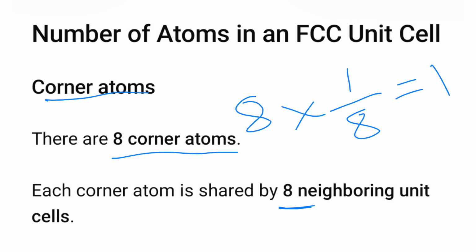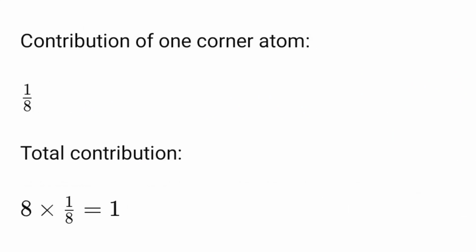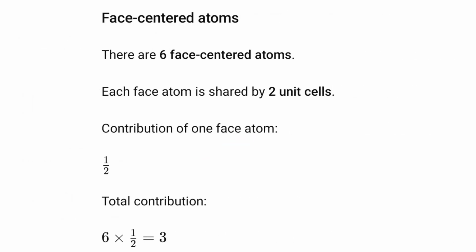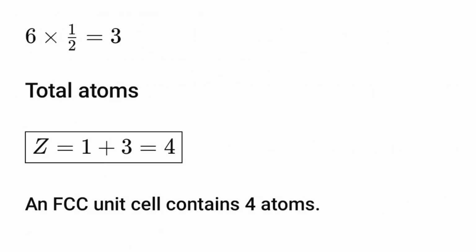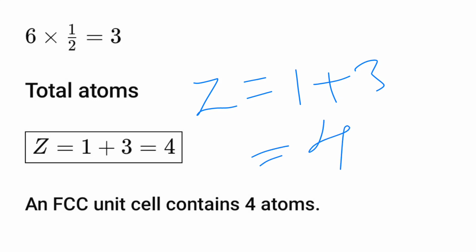Face-centered atoms: there are 6 face-centered atoms. Each face atom is shared by 2 unit cells, so the contribution of one face atom is 1 by 2. There are 6 faces, we get 3. The total atoms: 1 plus 3, we get 4. Number of atoms per unit cell is 4.